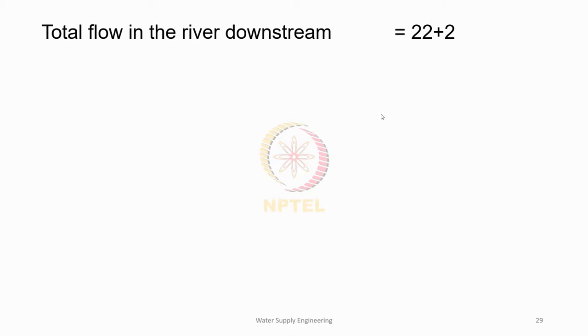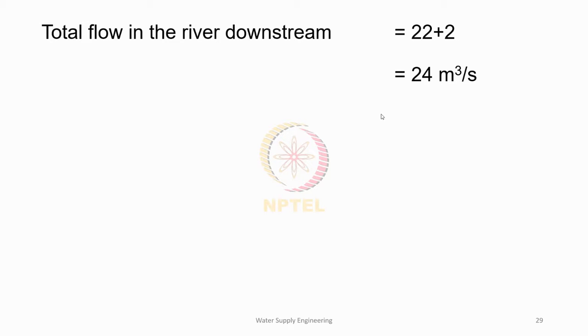Now, the total flow in the river downstream is the sum of the discharges of the brackish water stream and the freshwater stream, which is 22 plus 2, that is 24 meter cube per second. So now we need to know the salt concentration in this flow.